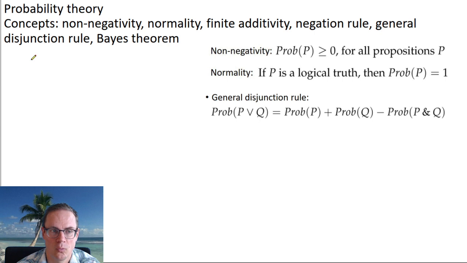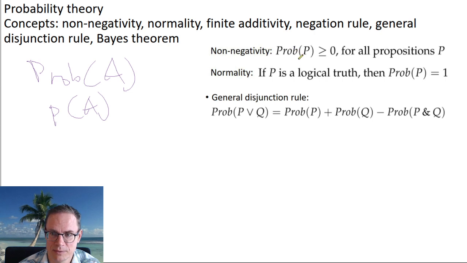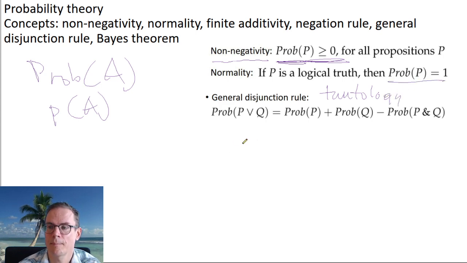Probability, I will sometimes use prob or also lowercase p of A. The probability of some statement is at least 0. It can never be negative. Non-negativity. If something is a logical truth or a tautology, it is raining or it is not raining, tautology, then we say the probability is 1.